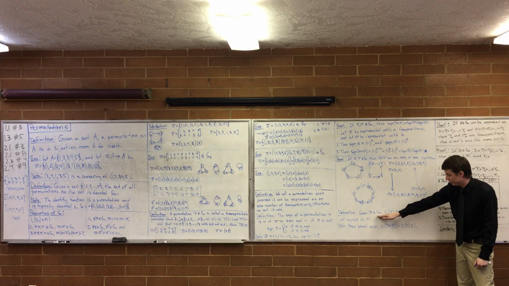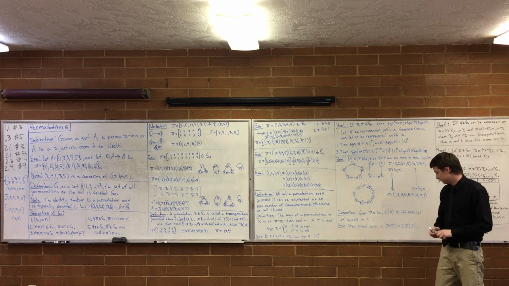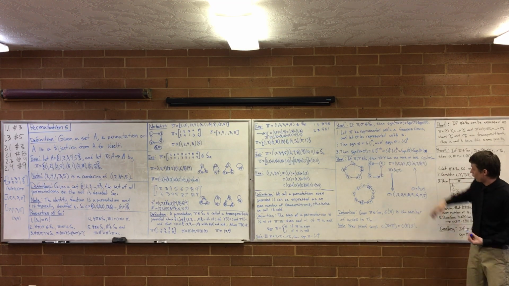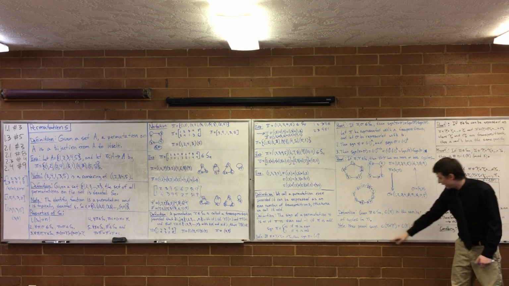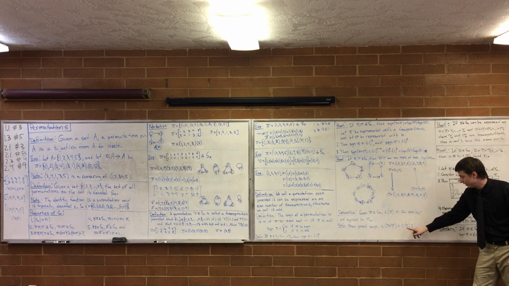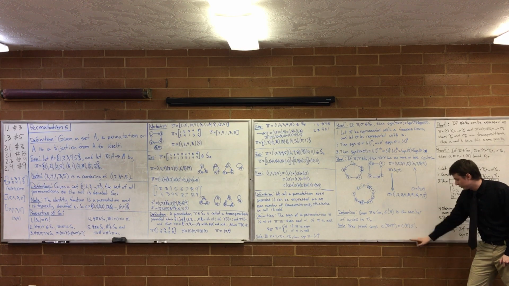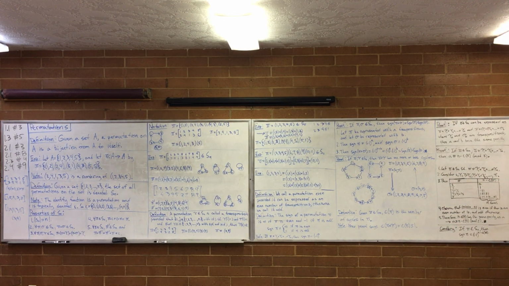So, given a permutation pi, C of pi is the number of cycles in pi. Another way of restating exactly what this proof says is that C of pi composed with a transposition is equal to C of pi plus or minus 1. So composing it with the transposition either added one cycle or decremented one cycle. That make sense? Okay.